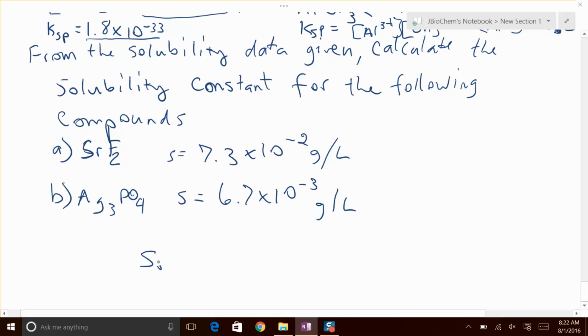So SrF2 dissociates into Sr2+ plus 2F minuses, right?